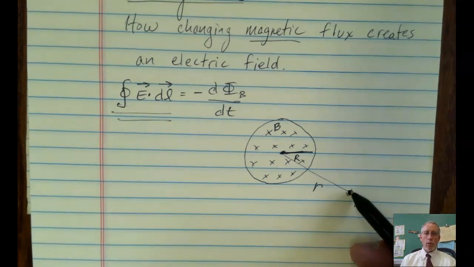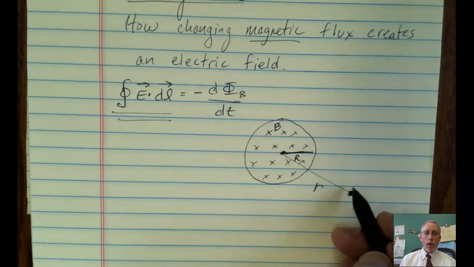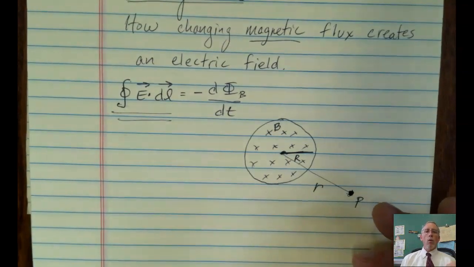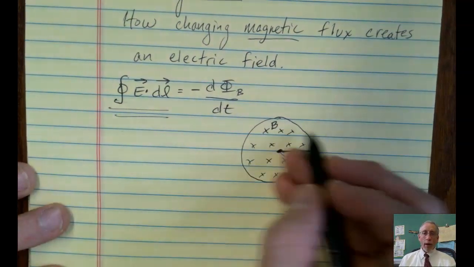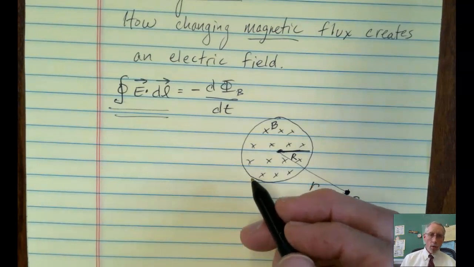This is why we're looking for symmetry. What kind of shape provides a path where every point on that path is basically equivalent to any other point? The only shape that works for that is this circular shape here. If I drew a square, I could be close to a corner or farther from a corner. But circles don't have corners.